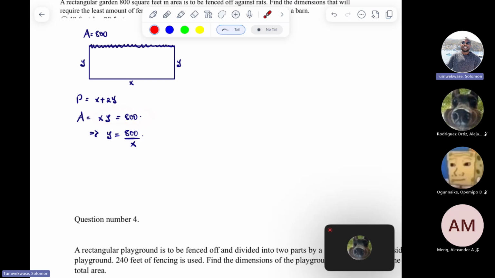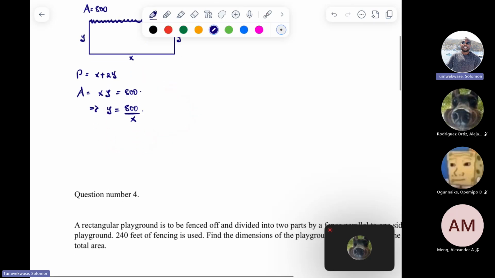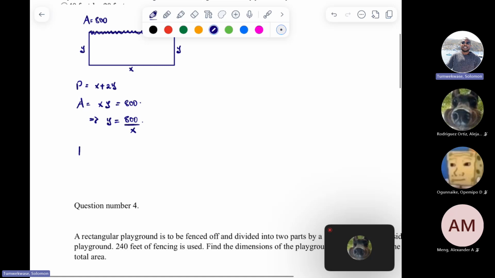Now I can put this value of y in the perimeter so that I have a function of just one variable. The perimeter as a function of x is x plus 2 times y, but y is 800 over x, so this is x plus 1600 over x.